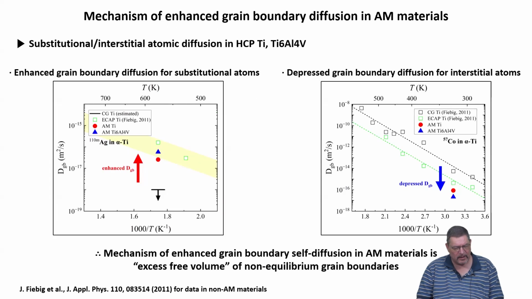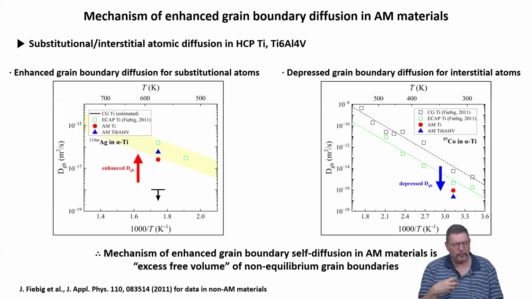Many of the results, so again, when you, for example, compare also additive manufacturing, not of the high entropy system, but of pure titanium or of titanium 6-4 with conventionally prepared materials, and then you look at self-diffusion values along the grain boundaries of a substitutional or of an interstitial diffuser, you can again find out what is really the underlying mechanism for these grain boundaries to allow these faster diffusion rates in substitutional diffusion.